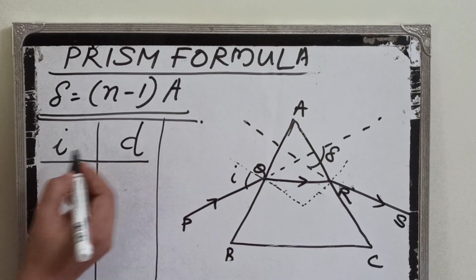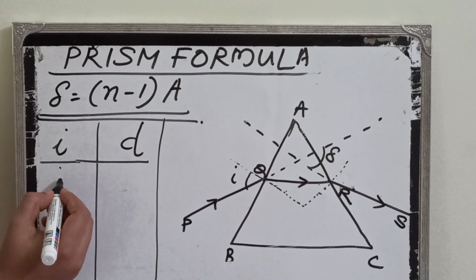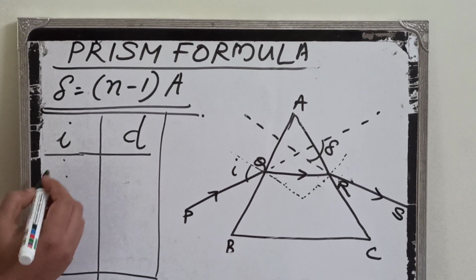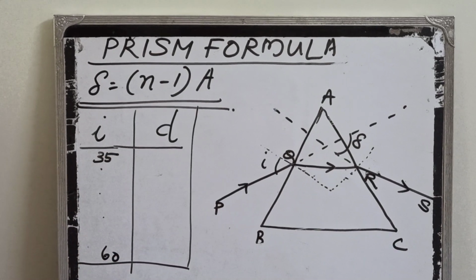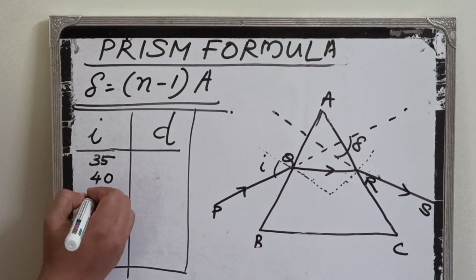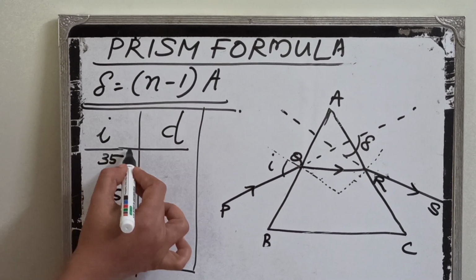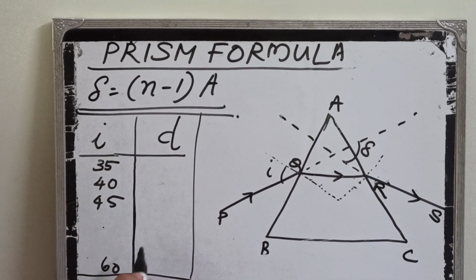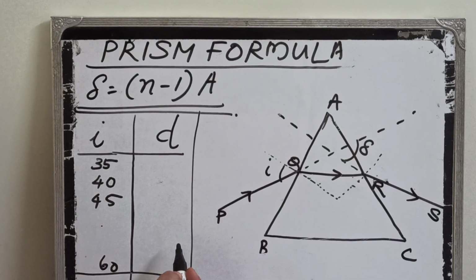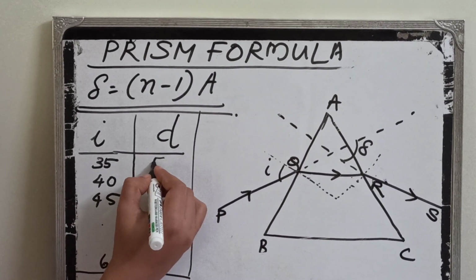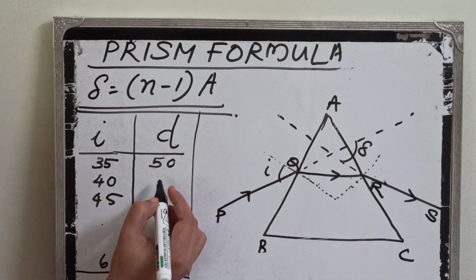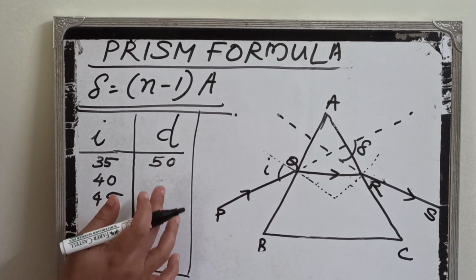Here I am just saying, when you are increasing the angle of incidence, for example, from 35 to 60, that is 35, 40, 45, like that, you will be getting different values for angles of deviation, and you can observe that the angle of deviation starts decreasing like this. This is just an example.